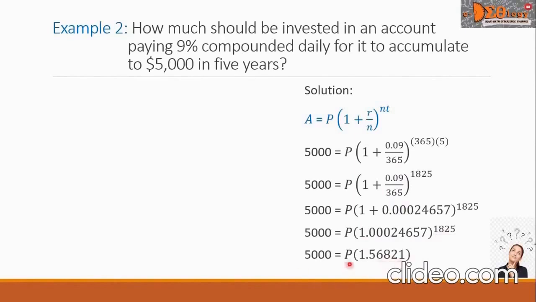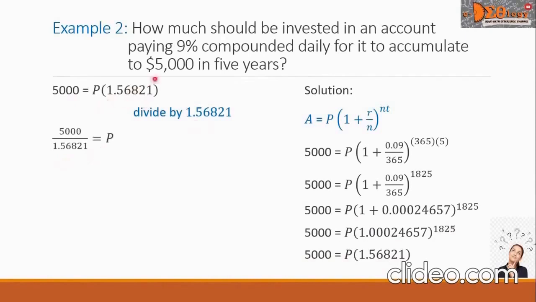We want to get letter P, so let us divide this equation by the coefficient of P, and that is this 1.56821. Now, the left side 5000 will be divided by 1.56821, and it will be like this. And this is equal to the right side.